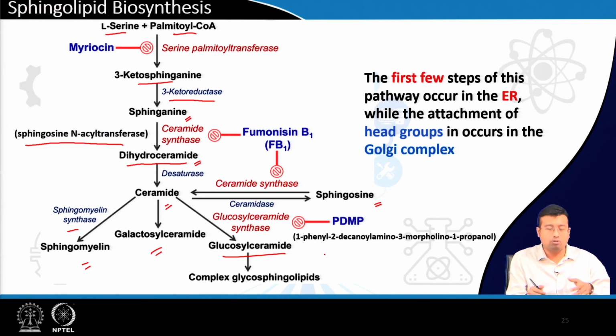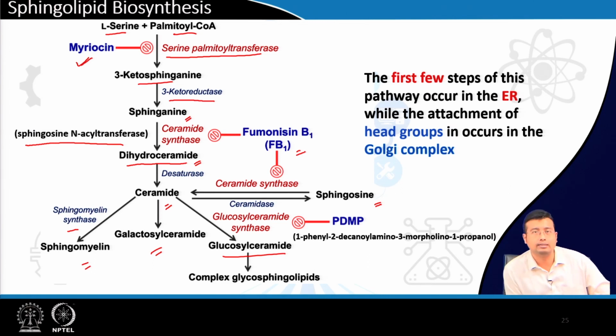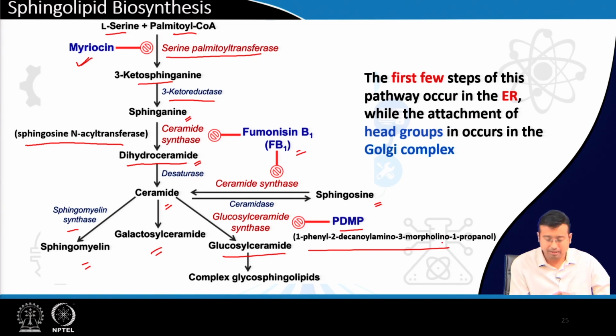They are the molecules that are our molecules of interest in research grade enzyme inhibition, they being myriocin that inhibits the enzyme serine palmitoyl transferase, and fumonisin B1 or FB1, they inhibit the enzyme ceramide synthase, and a very big name PDMP, that is 1-phenyl 2-decanoyl amino 3-morpholino 1-propanol. You may not remember this whole big name, but this PDMP inhibits synthesis of glucosyl ceramide.